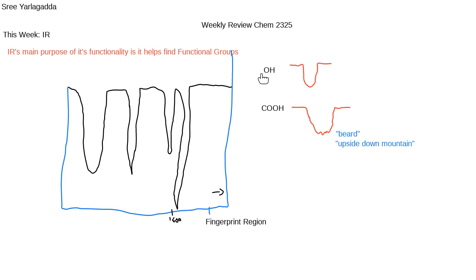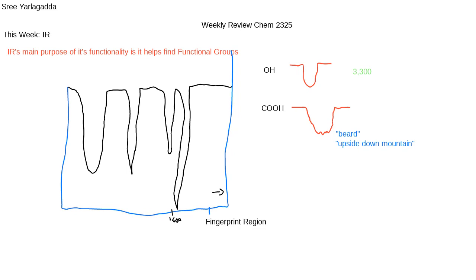Okay, so those are very distinguishable functional groups, and OH is going to be at 3300. So let me write that down. Roughly around 3300.